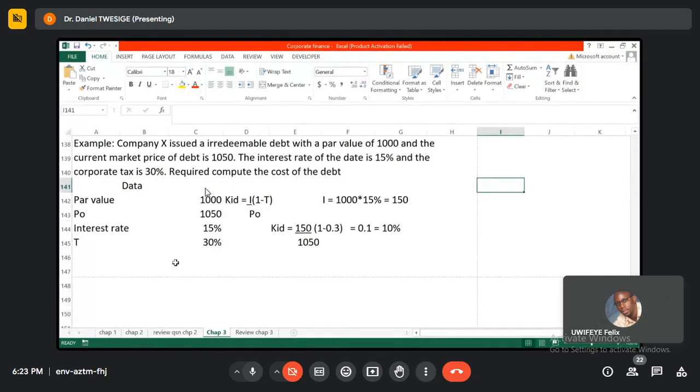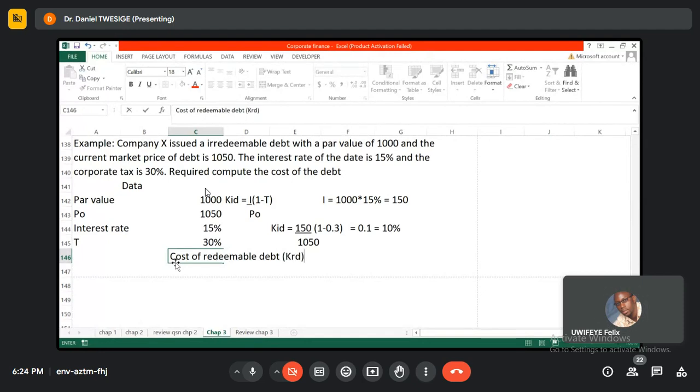So that is how we are going to get the cost of an irredeemable debt. Then number 2, which is the cost of redeemable debt, not irredeemable. Maybe you can abbreviate as Krd, cost of redeemable debt.